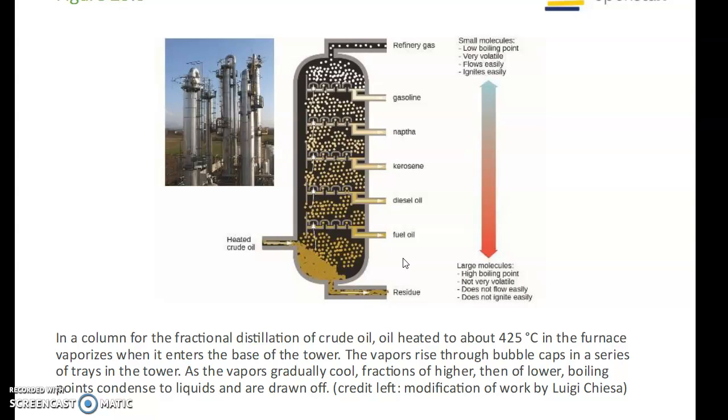And the way in which we get all of our different hydrocarbons is normally by heating crude oil, oil pumped out of the ground, and it goes through a fractionation distillation.